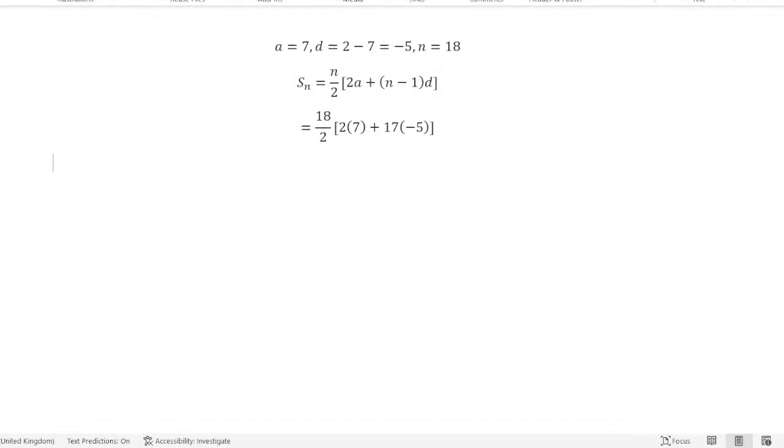Then now you just press it on your calculator. So it's going to be 9 into 14 minus 17 multiplied by 5, right?